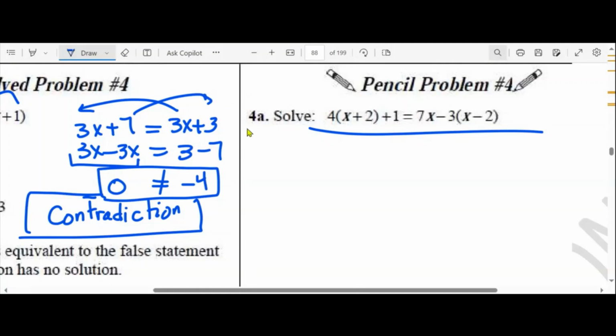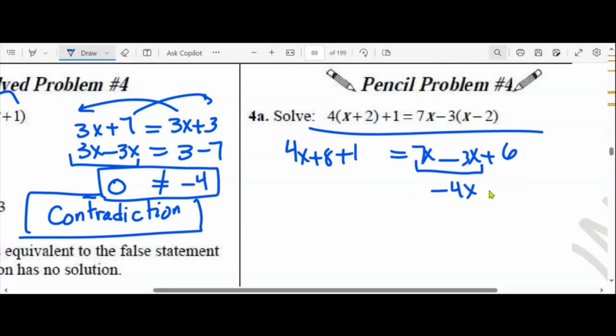9 equals 6, contradiction. Okay, tell me what's the answer here. 9 equals 6. Oh, yeah. 0 equals minus 2. I have to move this to here, right? I'm sorry, say again.